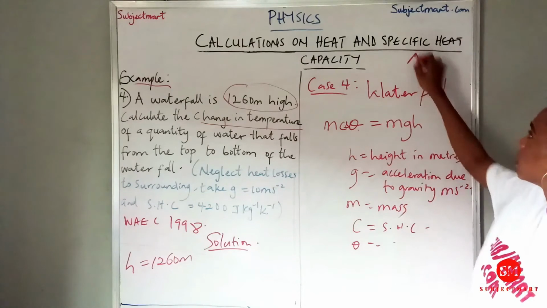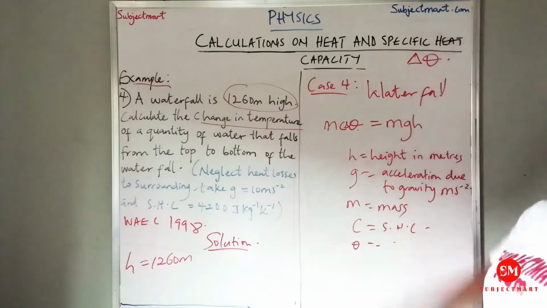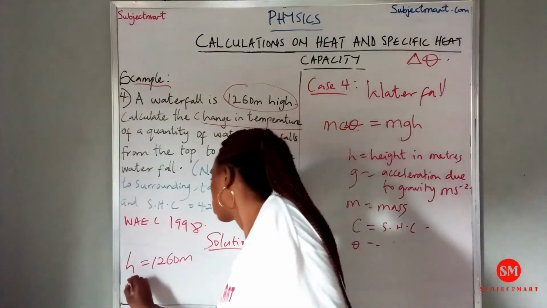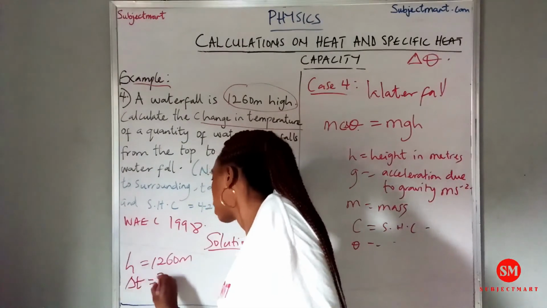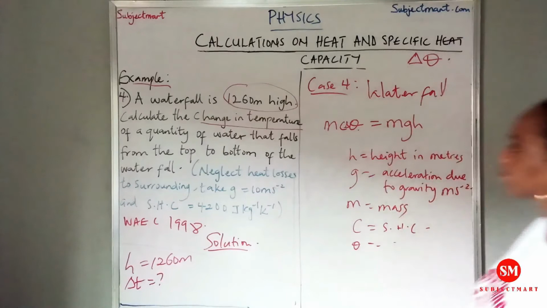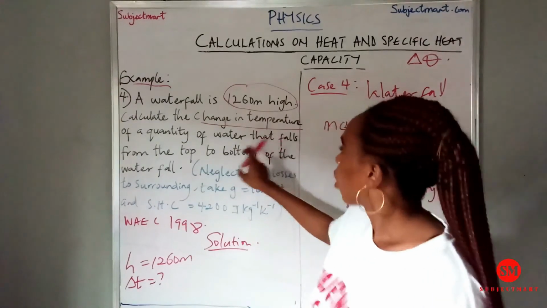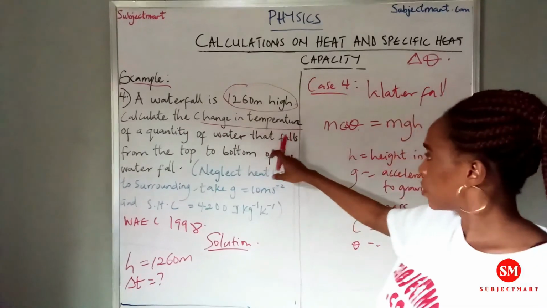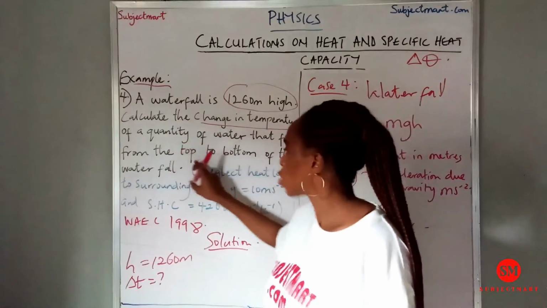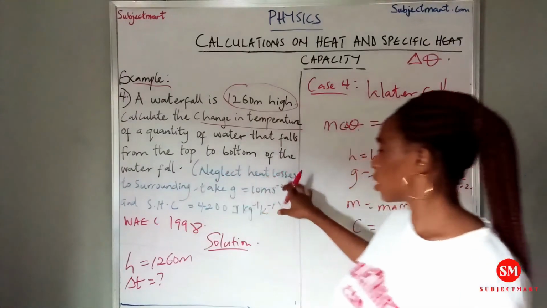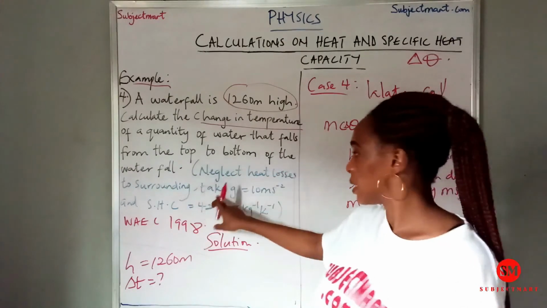That's delta theta, change in T. So, change in temperature, that is what we are calculating. We don't know it. Of a quantity of water that falls from the top to bottom of the waterfall. Neglect its losses to surrounding.